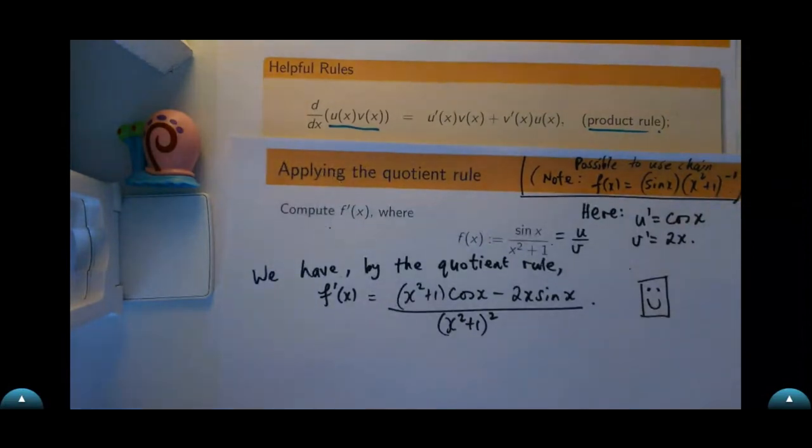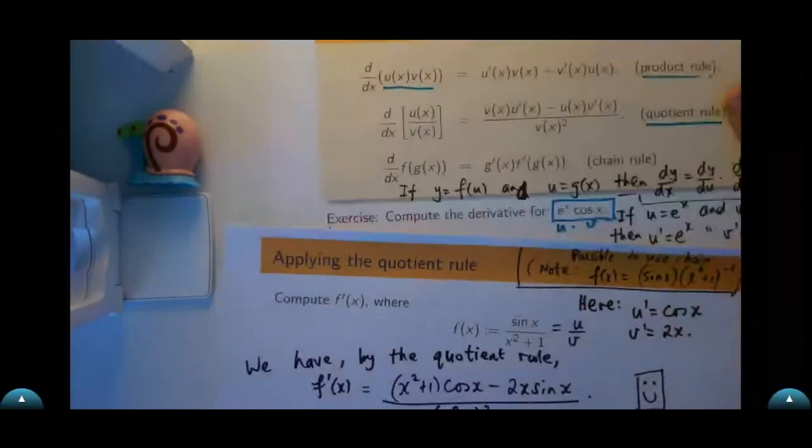But the thing that I'm trying to say here is that sometimes you have a choice which method you want to use. Do I want to use the chain rule, product rule, quotient rule? What works best for me? I think that's really important.